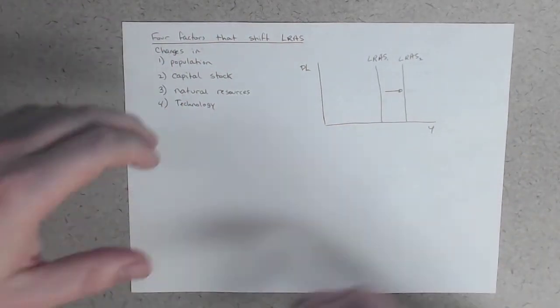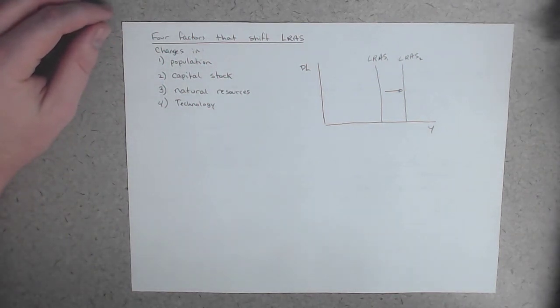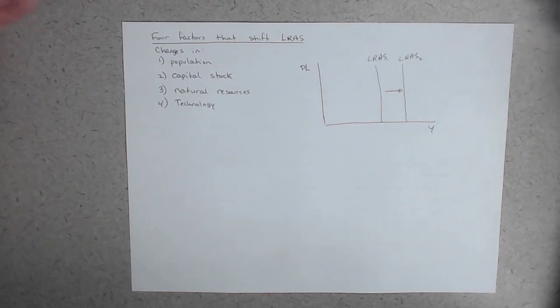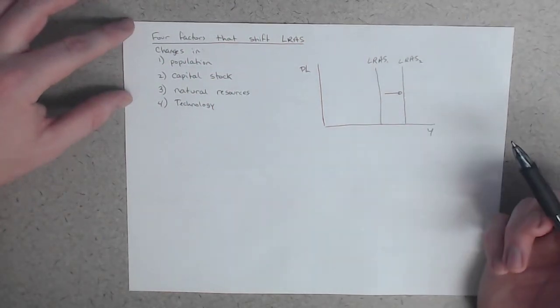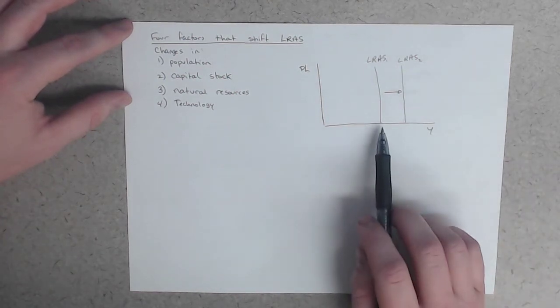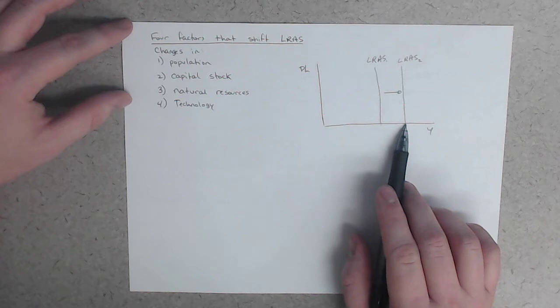Or if the U.S. were to completely open its borders and allow anyone and everyone to immigrate here, then we would have more people within the U.S. borders, presumably, and the long-run aggregate supply curve would shift out to the right.